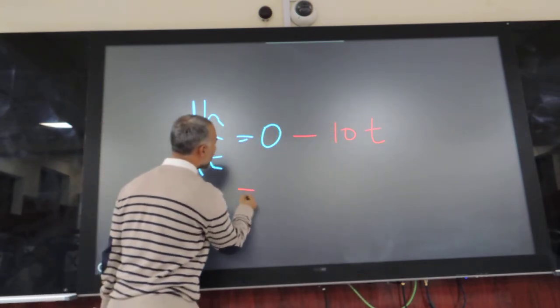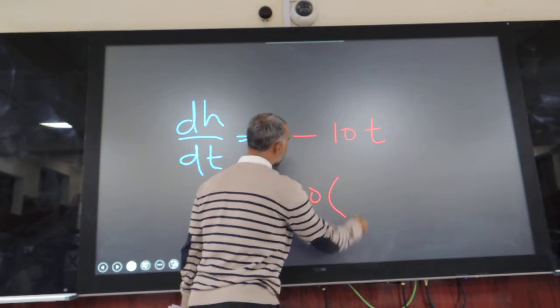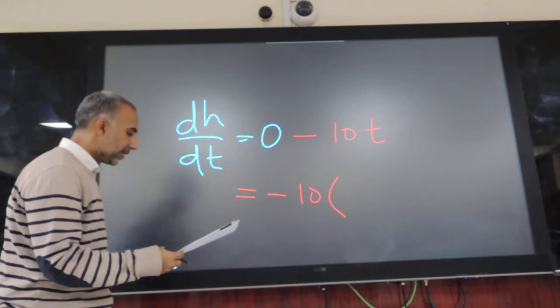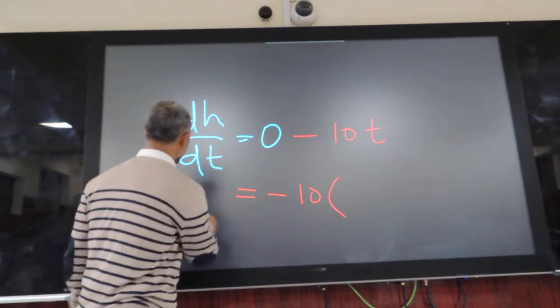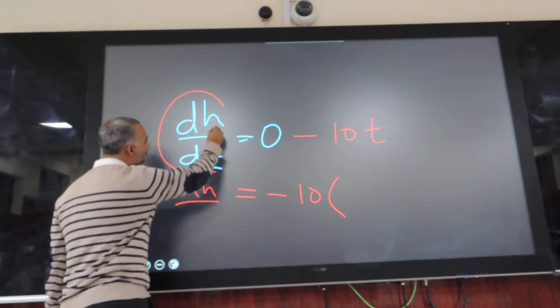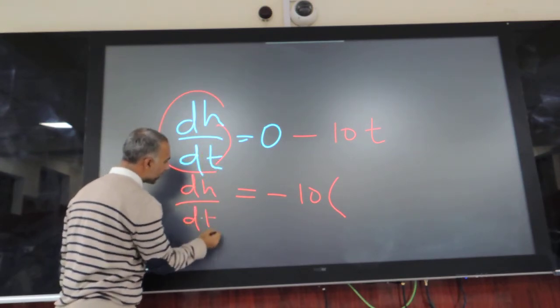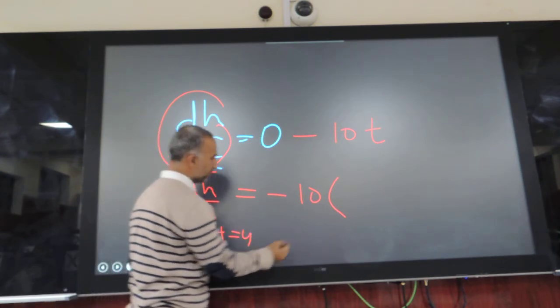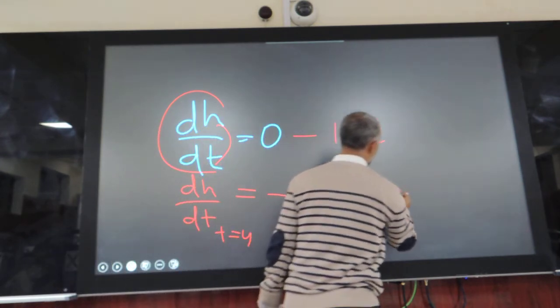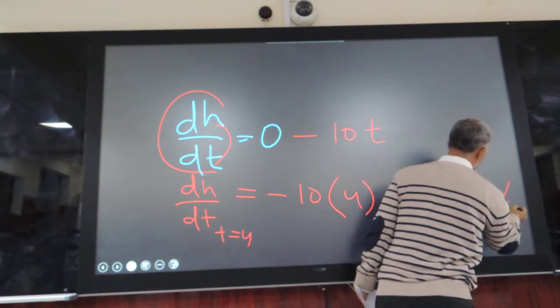Now we will have this value minus 10, and here we need to substitute the value of time t. We want to know the speed at time 4 seconds, so t is 4, we substitute here, then we will get the answer 40 meter per second.